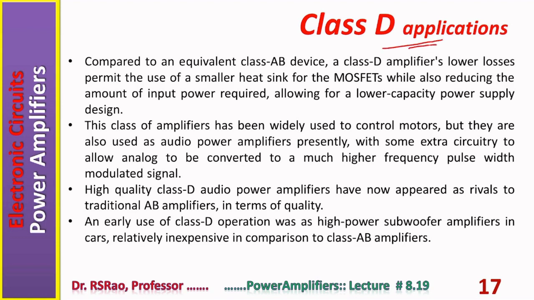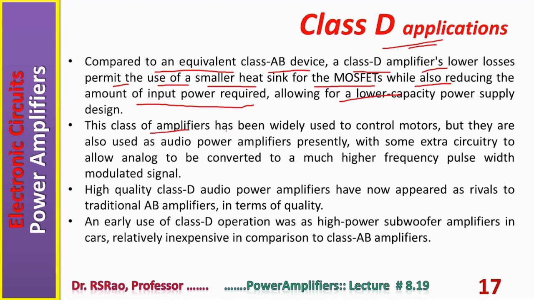Class D applications: compared to an equivalent class AB device, a class D amplifier's lower losses permit the use of a smaller heat sink for the MOSFETs, while also reducing the amount of input power required, allowing for a lower capacity power supply design.